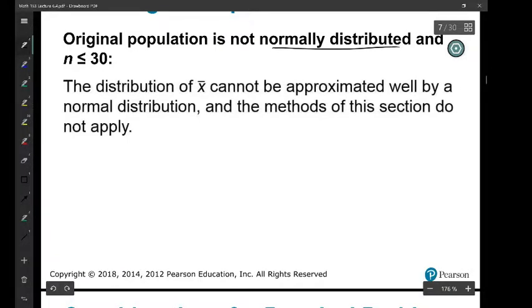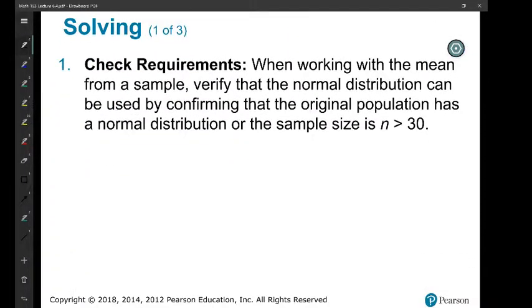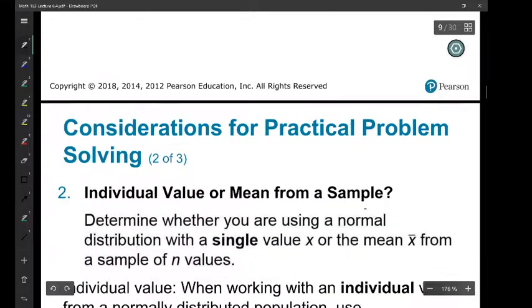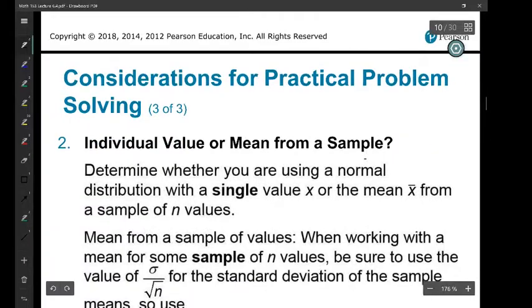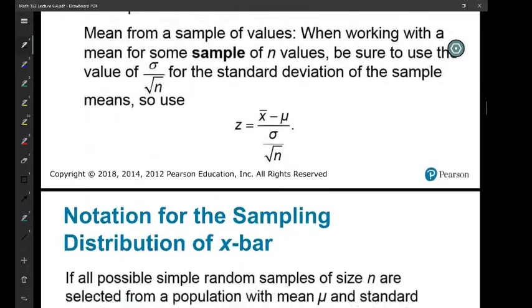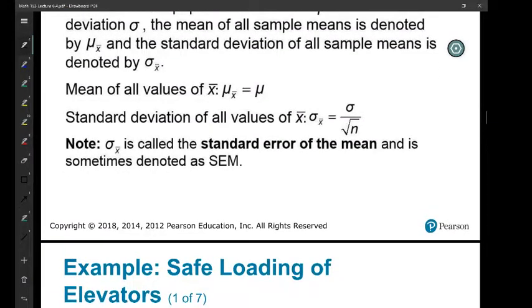So if it's not normally distributed, and if n is less than or equal to 30, you want to check that the underlying distribution is normal, or that the sample size is greater than 30. And we call this adjusted standard deviation the standard error of the mean.